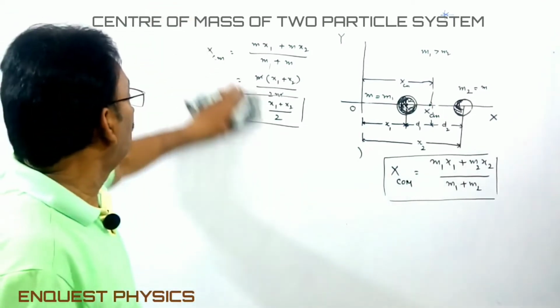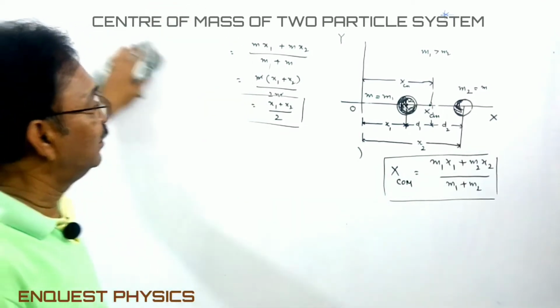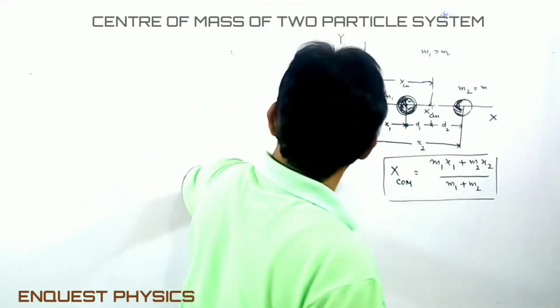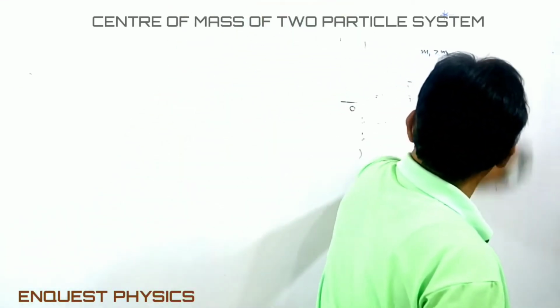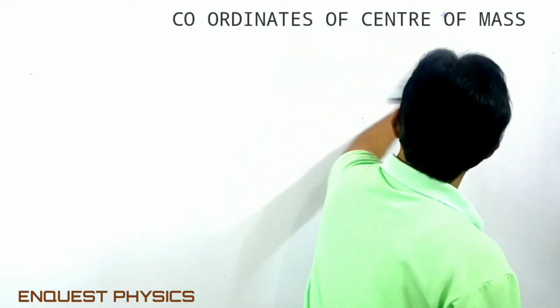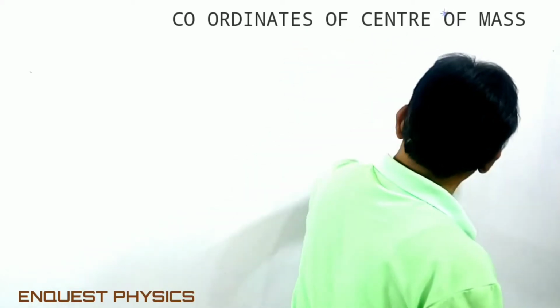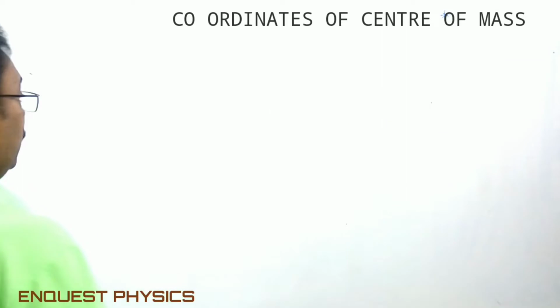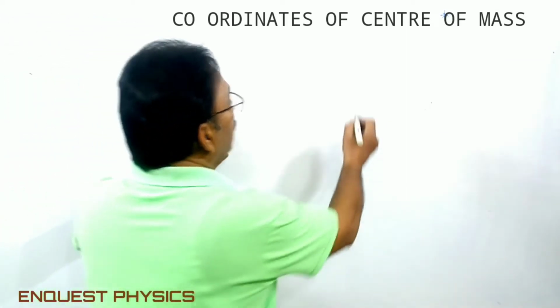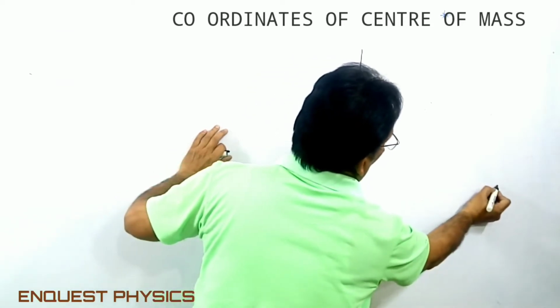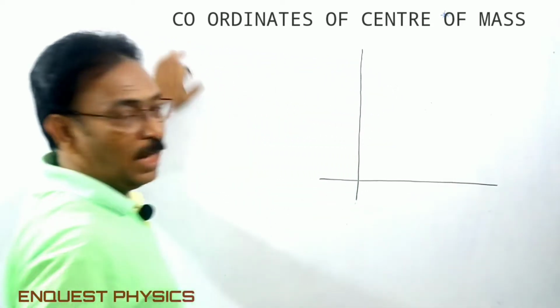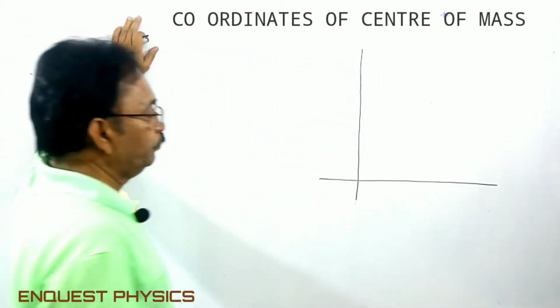Then what about a number of bodies which are in a plane? Here we have the solution, students. We can do it very easily. I hope you are following the class. Let's say this is a plane. I'm taking a two-dimensional plane.